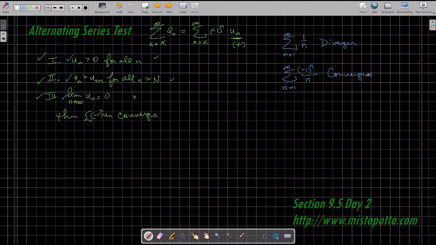So this kind of puts the p-test on its ear. As long as it alternates. And that's really the key here.